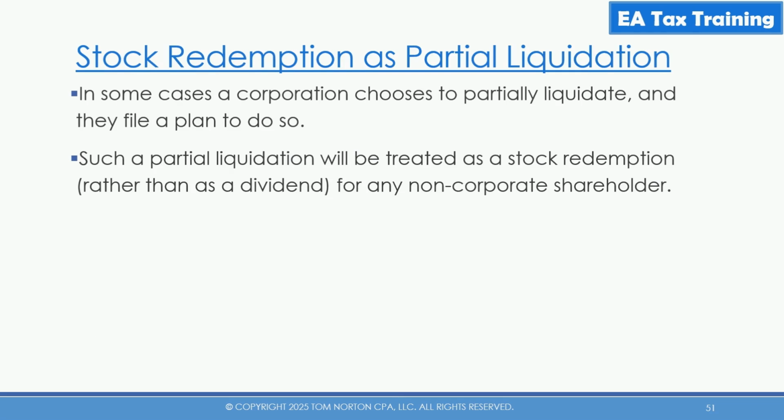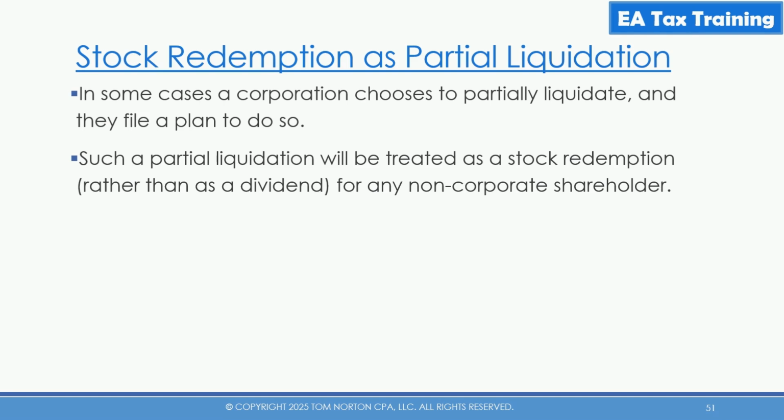In some cases, a corporation can choose to partially liquidate, and they file a plan to do that. What that means is they are going to liquidate some of their assets, but not all of their assets, and they're not going to go out of business. Such a partial liquidation will be treated as a stock redemption rather than as a dividend for any non-corporate shareholder.